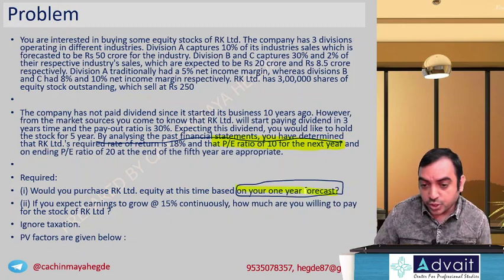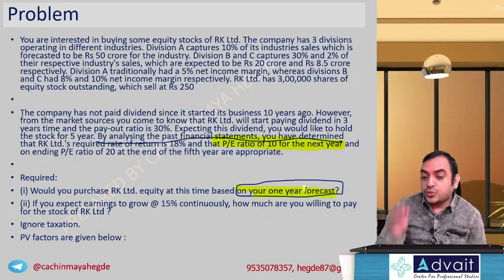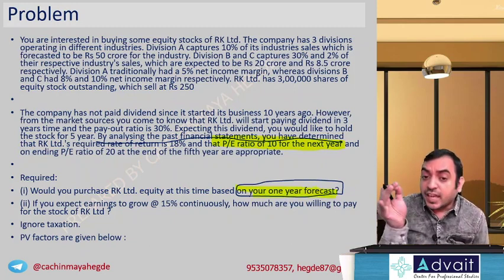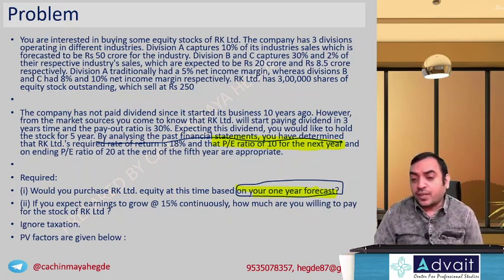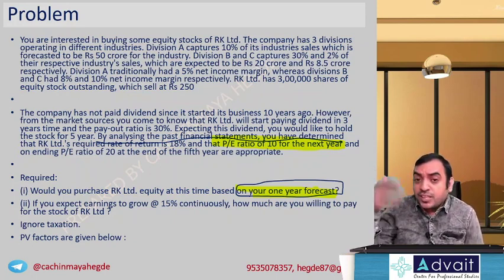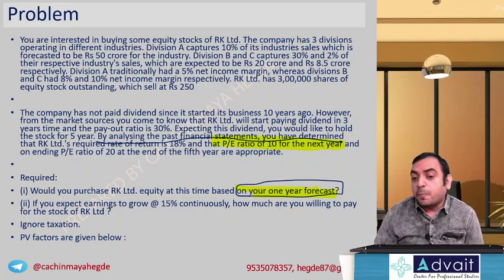And they said based on a 1 year forecast. So you have the expected P/E ratio for next year, meaning at the end of 1 year. And the problem also said on a 1 year forecast. Now, can you tell me what we should compute now? We need to compute the equity share price, the value of the share.